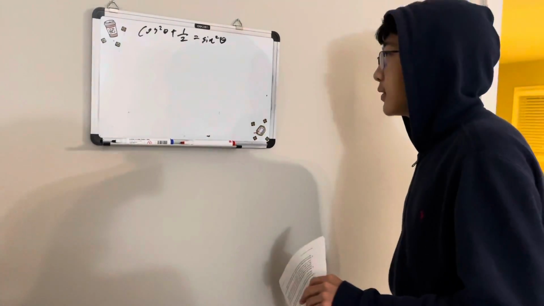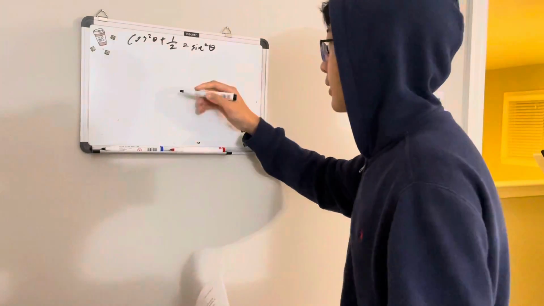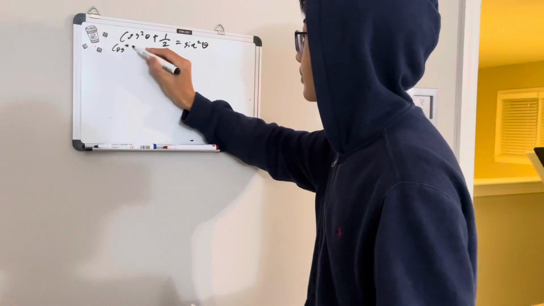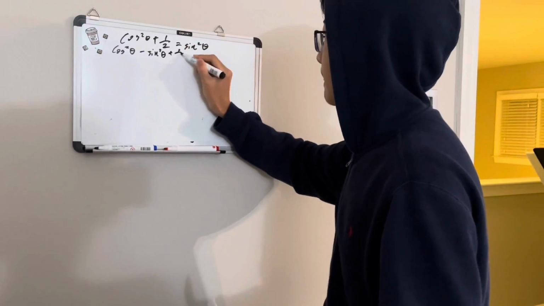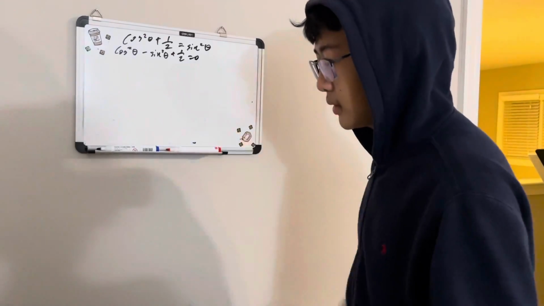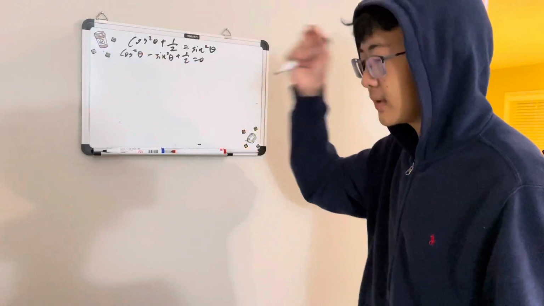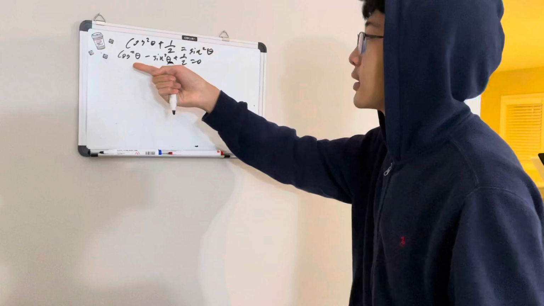First, we want the Pythagorean identity. We want everything in the same function. So it's quadratic now, basically, and we want everything to be the same trigonometric function.